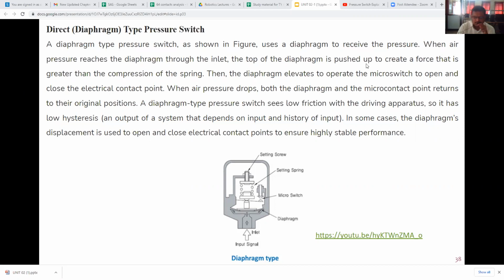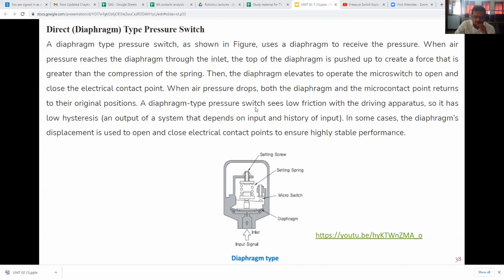The top of the diaphragm is pushed up to create a force that is greater than the compressive force of the spring. Then the diaphragm elevates to operate the micro switch to open and close the electrical contact point. When air pressure drops, both the diaphragm and the micro contact point return to their original positions.